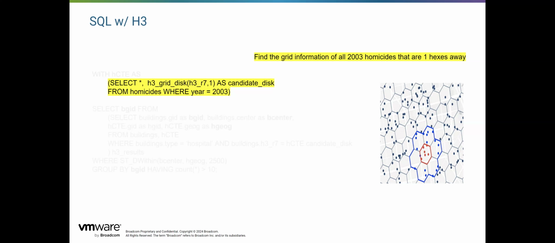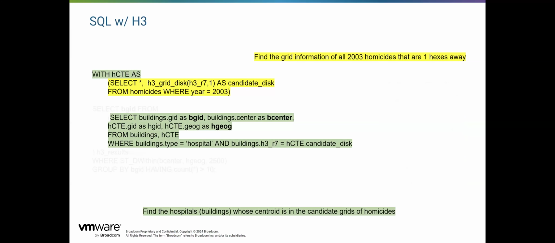So you first get the list of grids. Then I prune the buildings to only hospitals, take that grid, and match it with the candidate grids of the other one.